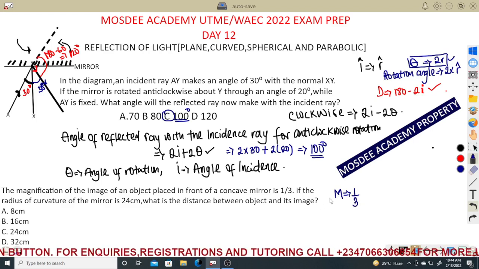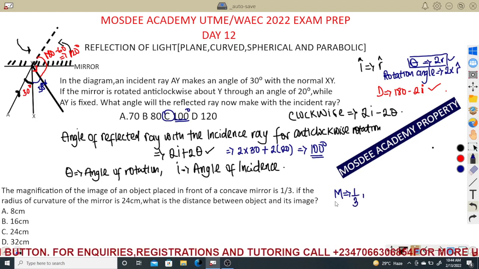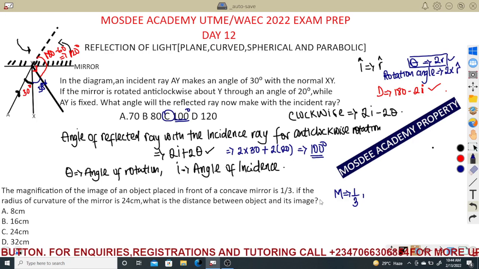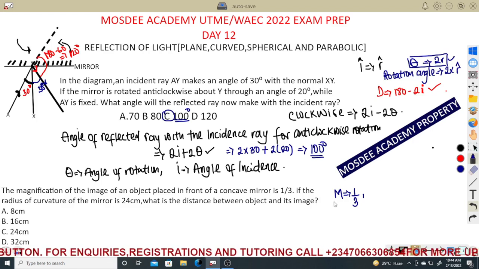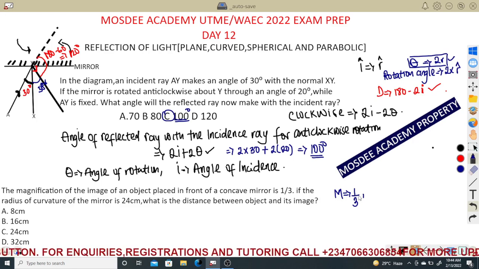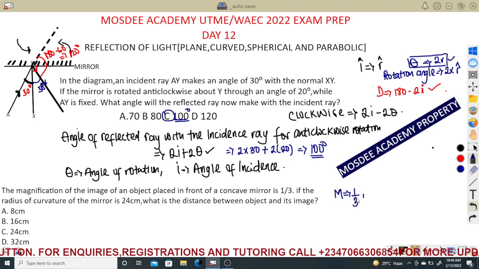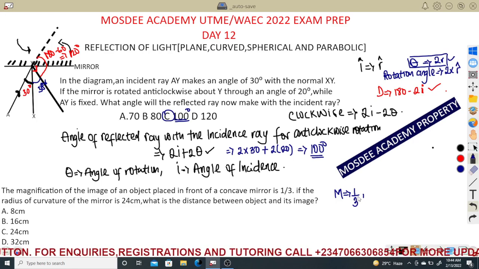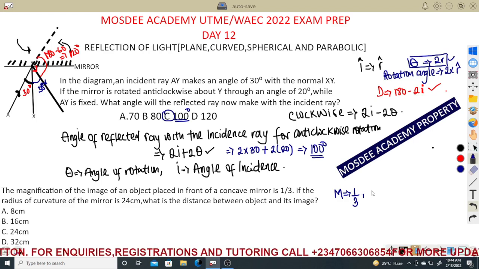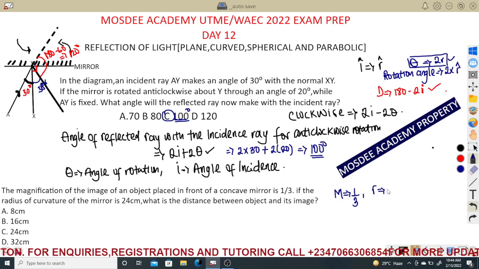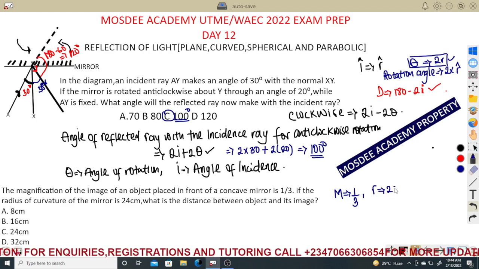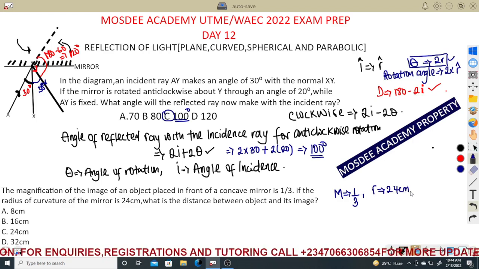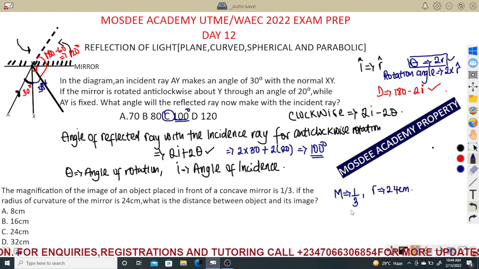Just listen, I'll take you through it. Then we say the radius of curvature of the mirror is 24 centimeters.